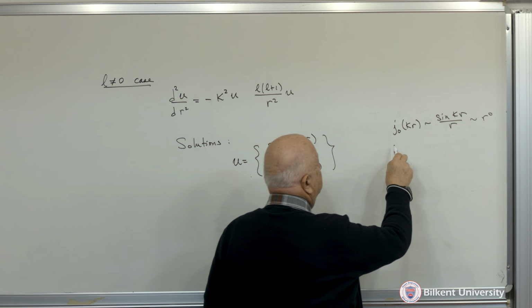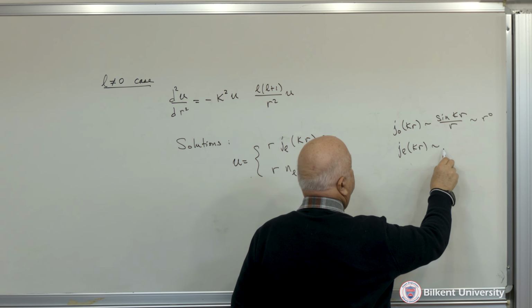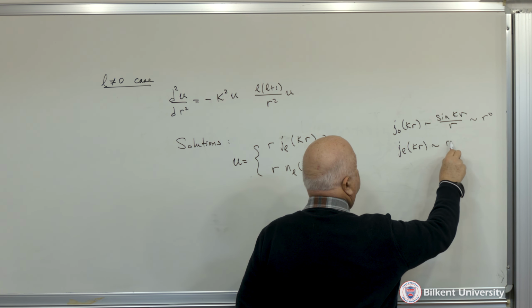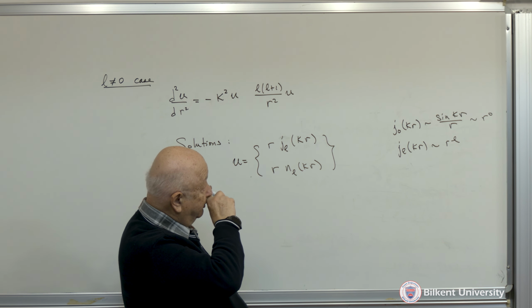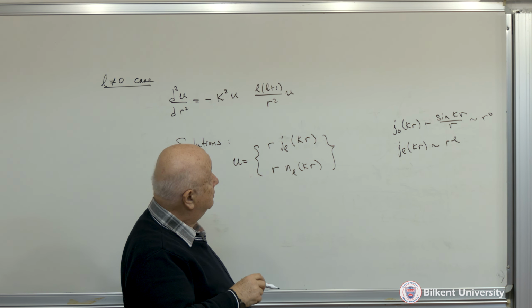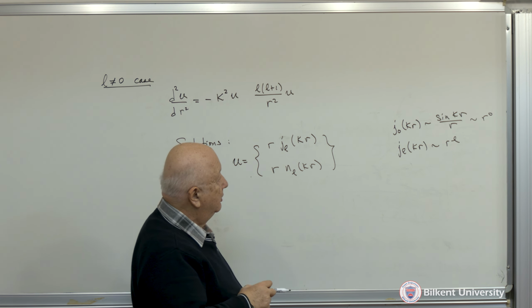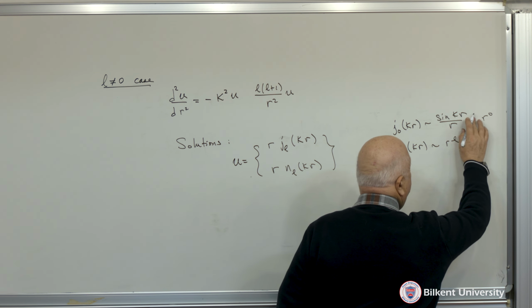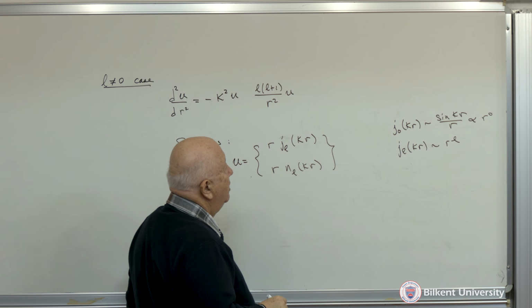So in general, J L of KR goes like R to the L, or small l, K for small r, because sine KR would be KR. Yeah, it's just proportional, I don't care about constants.